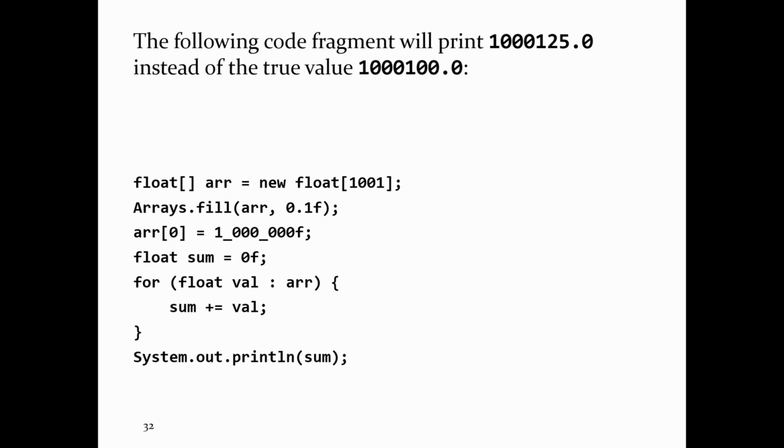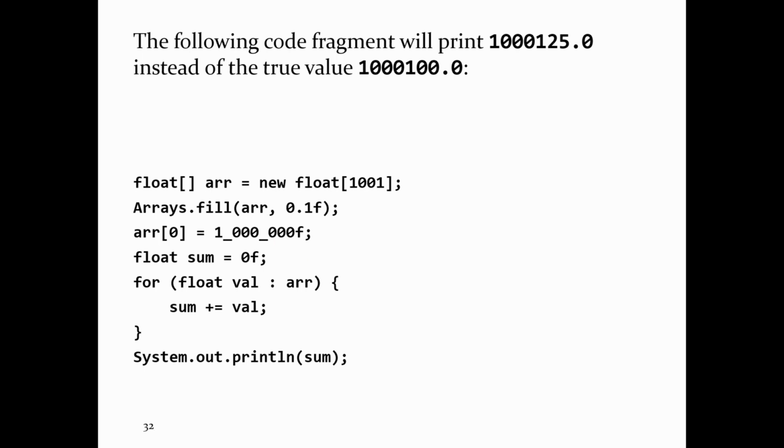So after adding 0.1, you get 1 million point something, but the something's not 0.1 anymore. And now you add 0.1 again. Basically you're adding 0.1 to 1 million again, so you're going to lose part of the 0.1 again. And this happens over and over until you sum all the values.